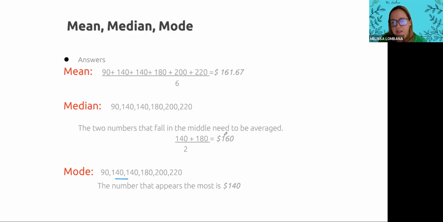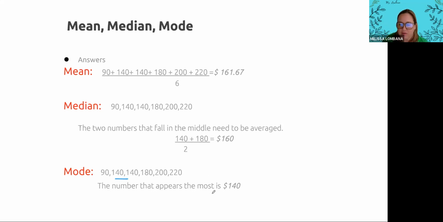Now, if you look at these scores, or our central tendency, what this is telling us is that the average is about 160. And if you look, the mean and the median are close together. So that means that there are no outliers that are going to skew your data.